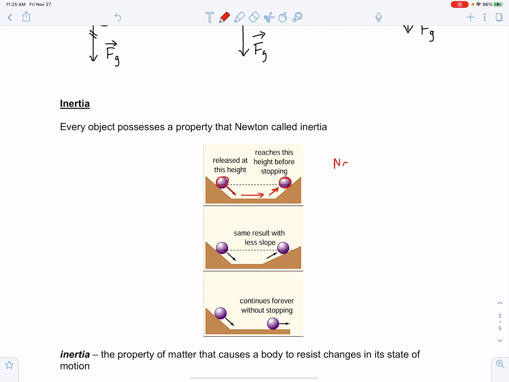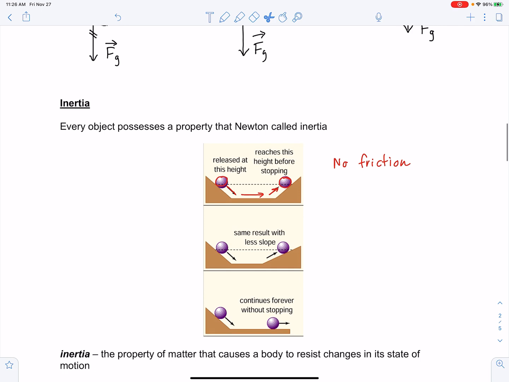If there's no friction, the ball will move down the ramp and up to the same height it was released, then back down and up forever and ever. If there were friction, then eventually the ball would slow down and rest somewhere in the middle.